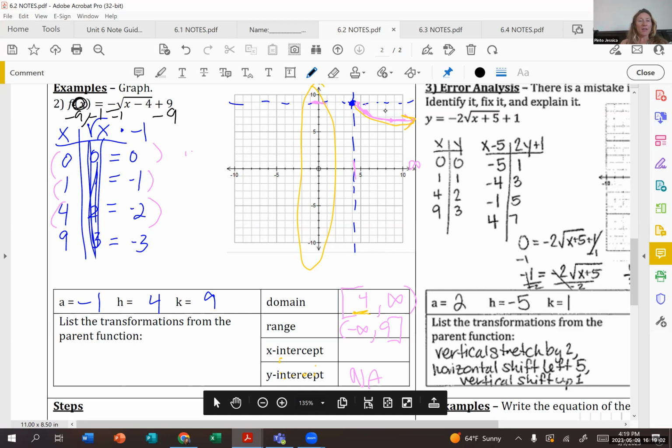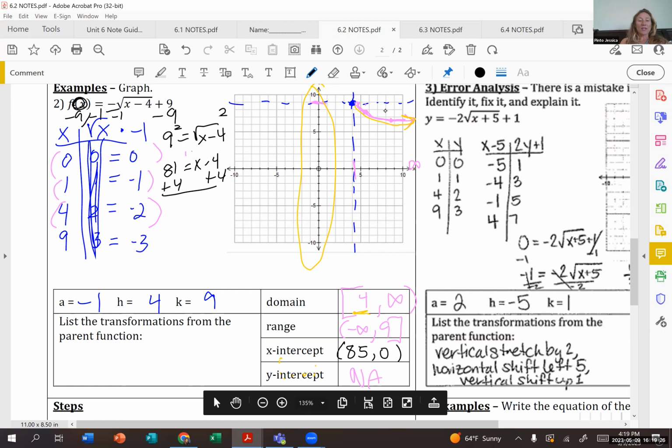So -9 divided by -1 will be +9, which is equal to the square root of x minus 4. Then I square both sides and I get 81 is equal to x minus 4. Adding 4, I get 85. So that's going to be 85, comma 0.